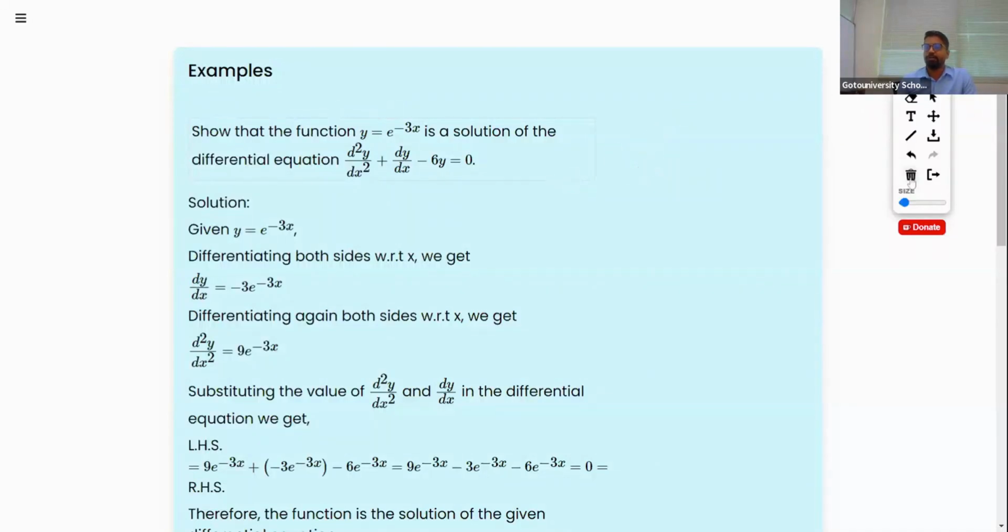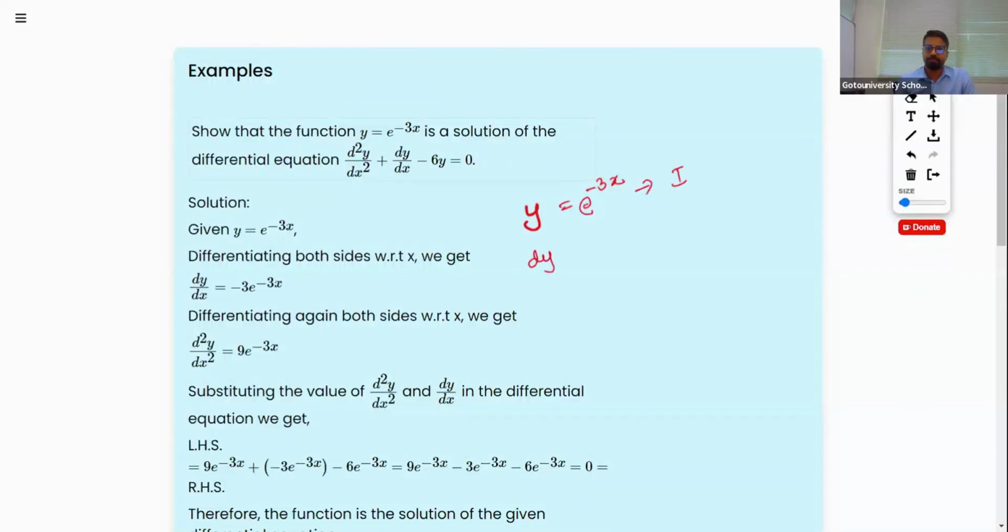For that, we're going to differentiate it according to the equation. We have y is equal to e power minus 3x. We want the second order derivative. For that, we'll first differentiate the given equation.